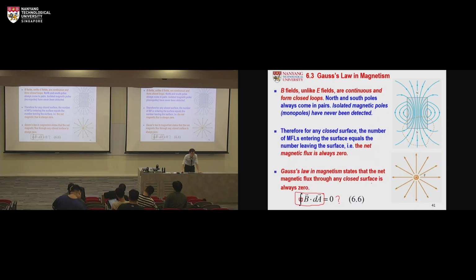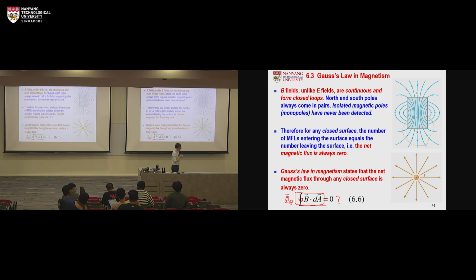So 2 points. First, the physical meaning of this is just the magnetic flux, right? And the magnetic flux is just a measure of how many magnetic field lines penetrate through a surface, a closed surface or open surface, right?